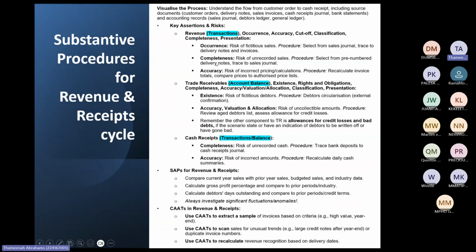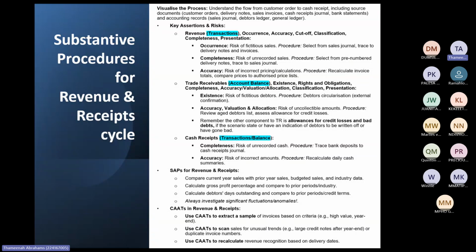But if it's an understatement of sales, it means the risk is unrecorded sales. And like we said before, the direction would be from the source now to the journal. So you'll basically take a random sales invoice or a random delivery note, and you'll trace it to the sales journal.